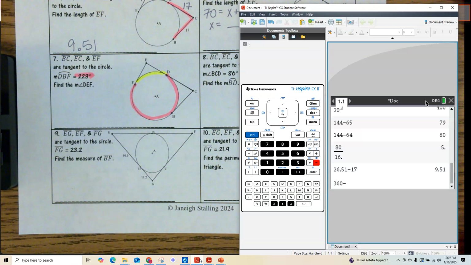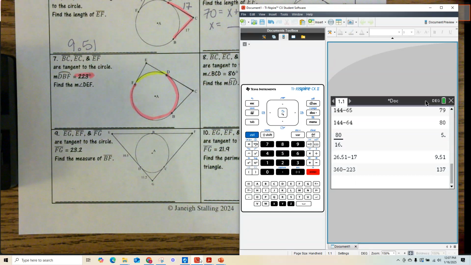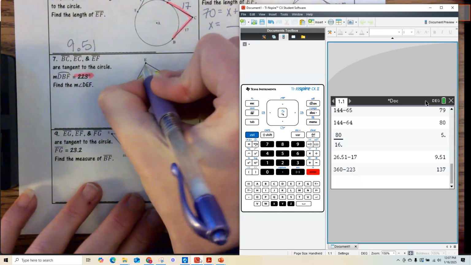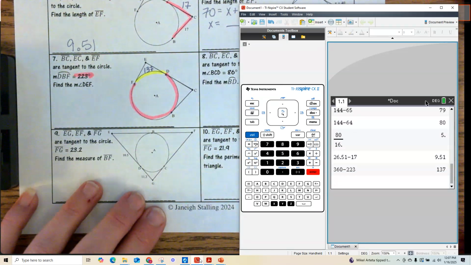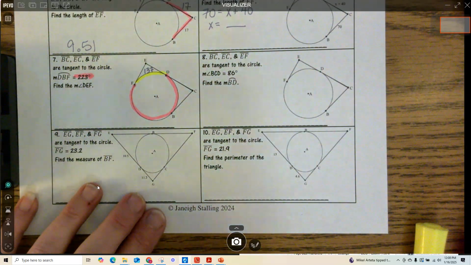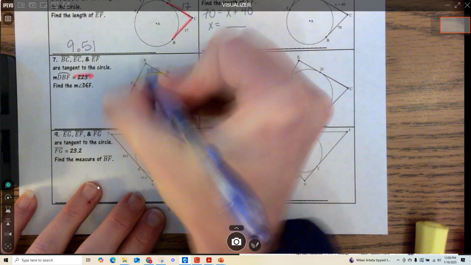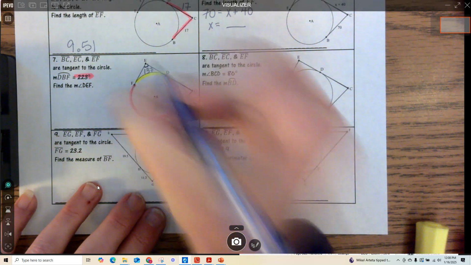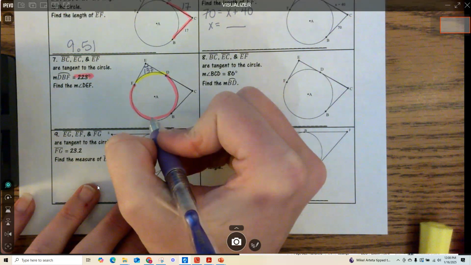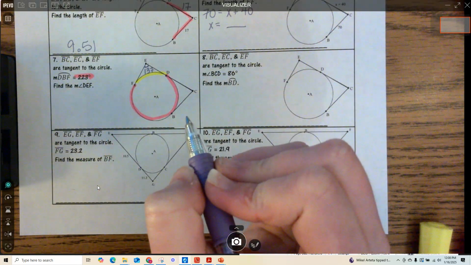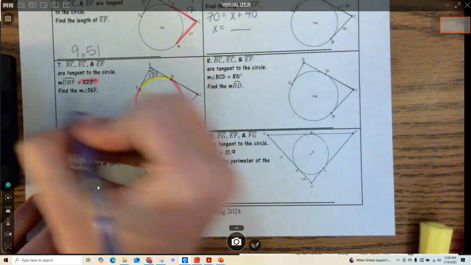So 360 minus 223, because remember all the way around a circle is 360. So this one is 137. To find DEF, DEF is this angle that's right in here. I can take the two arc measurements and subtract them. Okay?